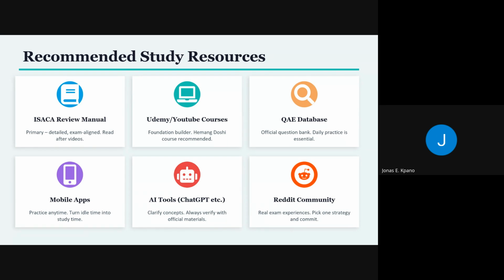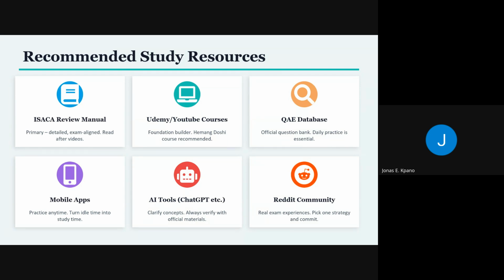Another resource that you cannot do without is Reddit. So what is Reddit? Reddit is a social media app out there that you can join. It's more like an anonymous social media. You can post on Reddit without people knowing who you truly are. Reddit has this CISA community where people post about their exam experience and the strategies that they used in passing their exams.